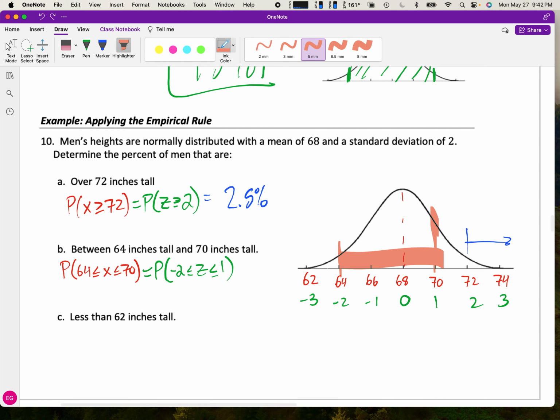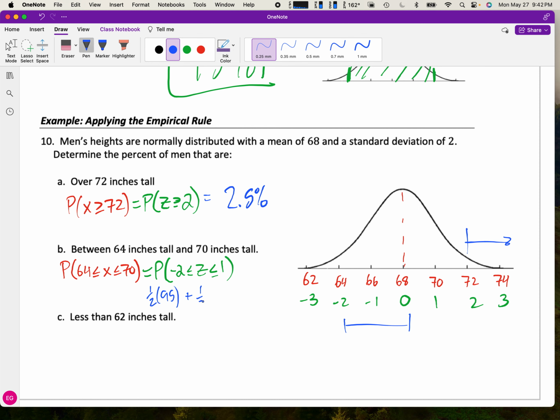When I'm looking at that, I like to split it up, right? So I'm going to do half of 95 for the 2, and then I'm going to add that with half of the 68 for the 1, and that's going to give me the 81.5%, which we've done already somewhere. I don't remember where, but we've done that one already.